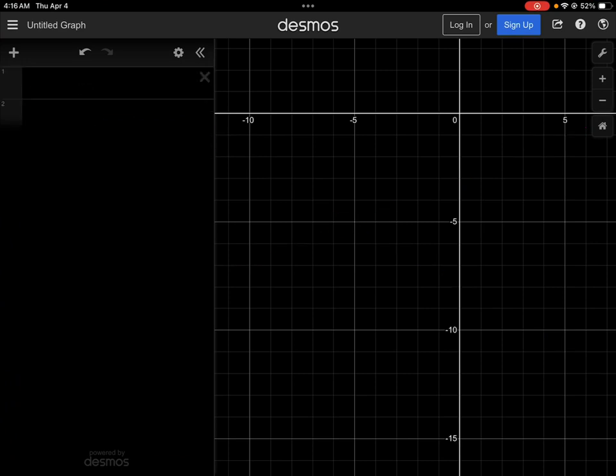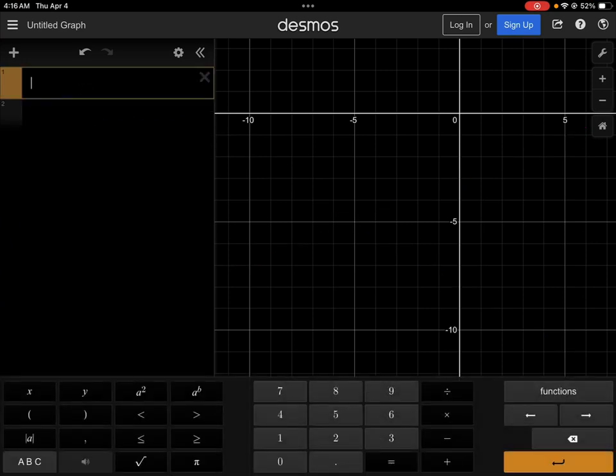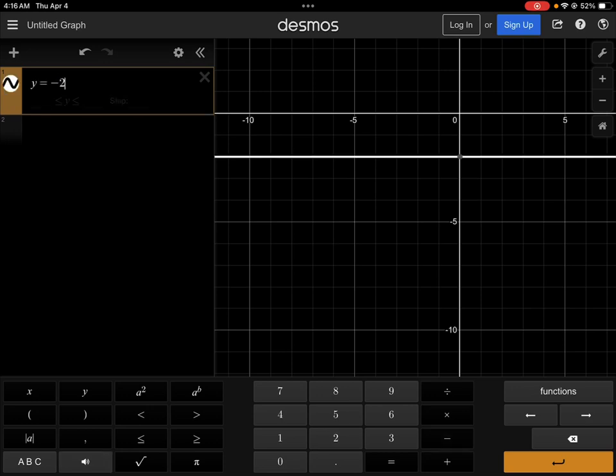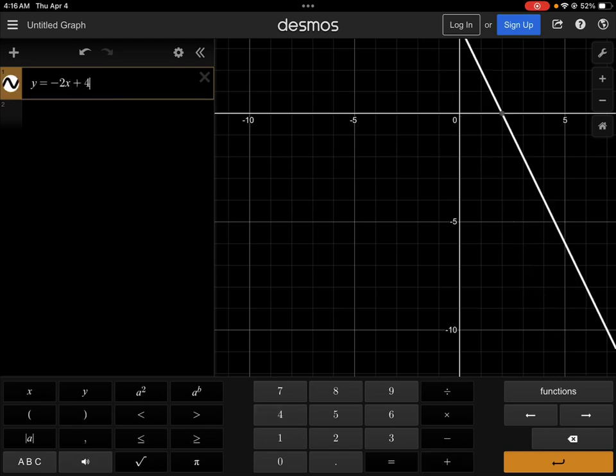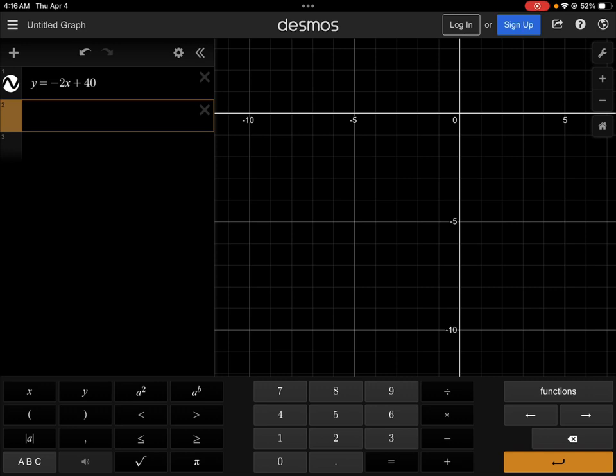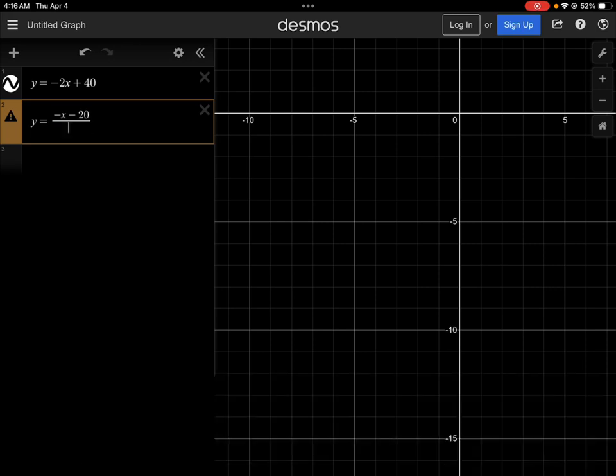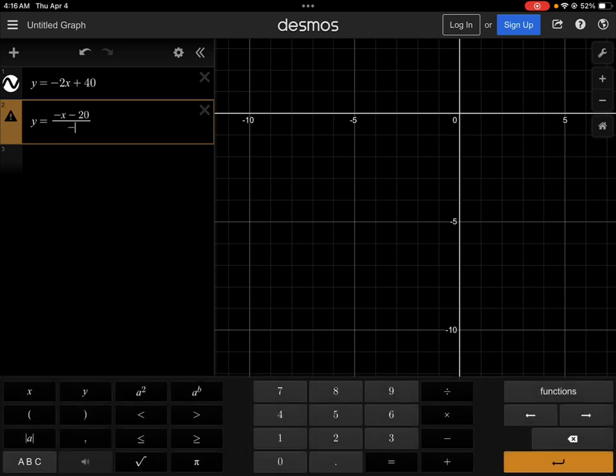Okay, so let's do here the first one. y equals negative 2x plus 40, and the second one is y equals fraction line negative x negative 20 over negative 2.